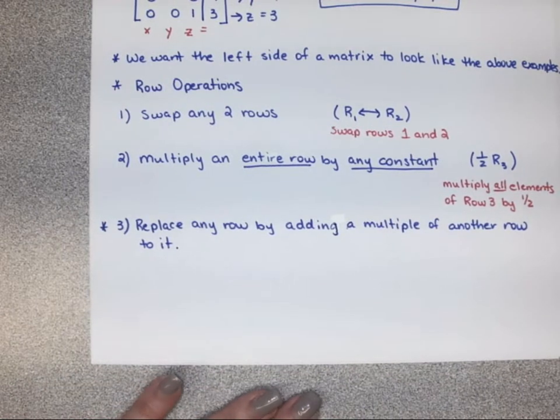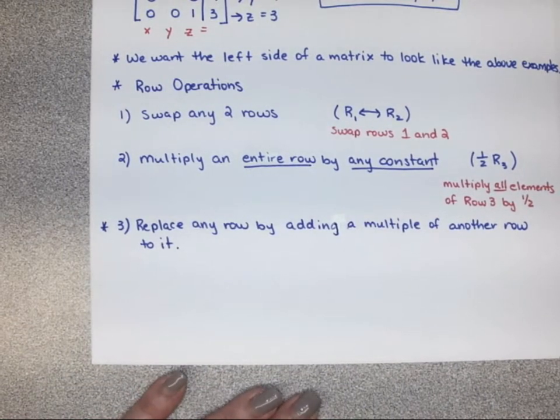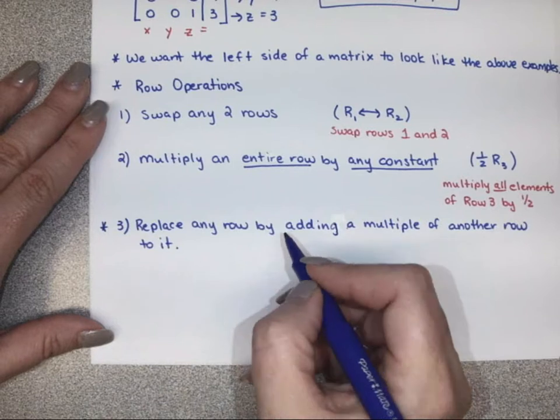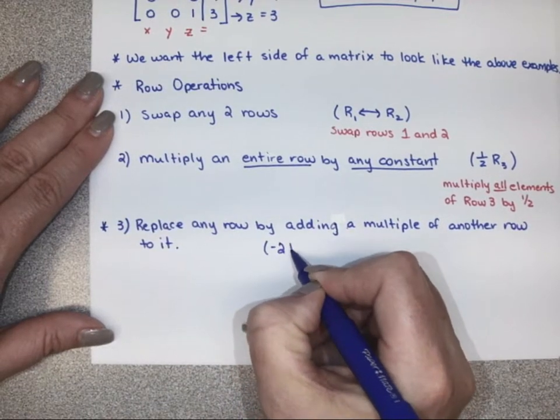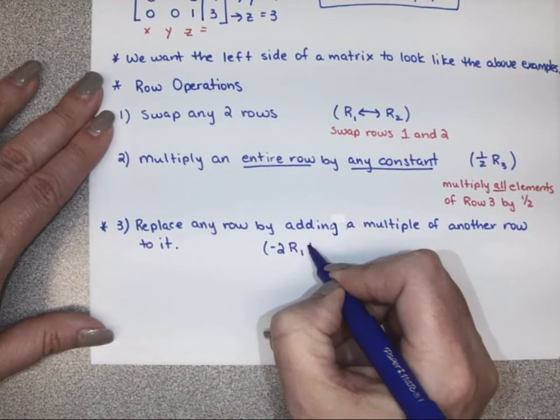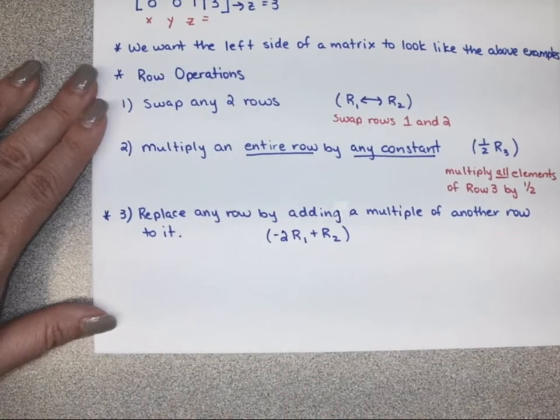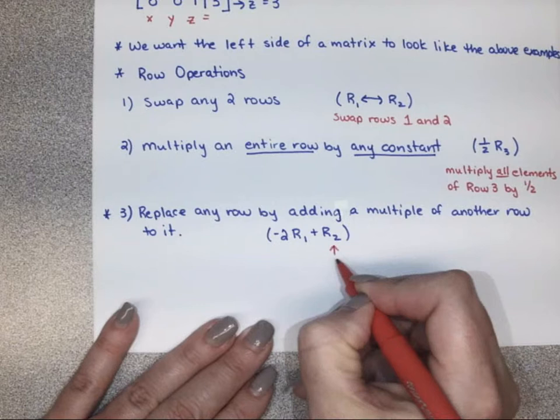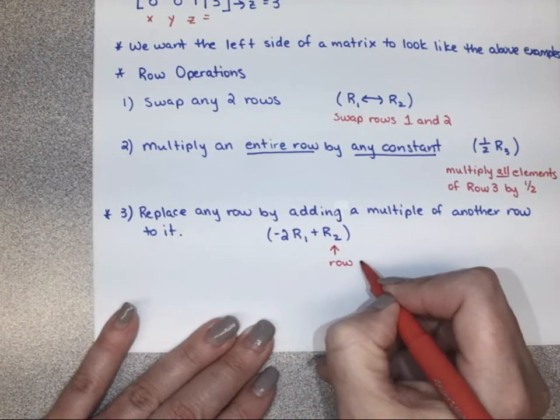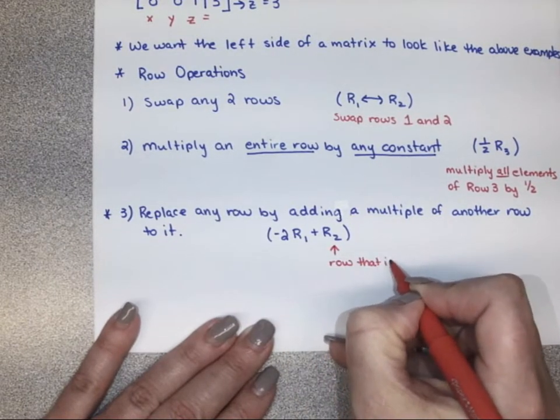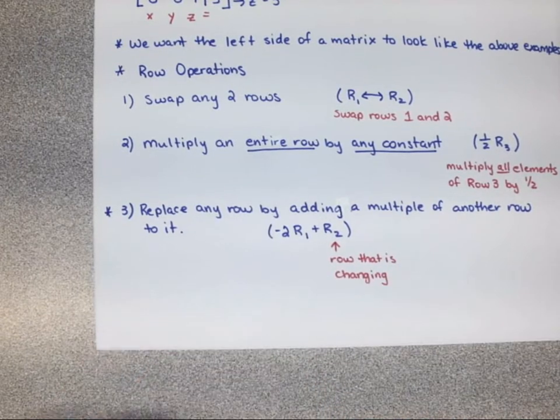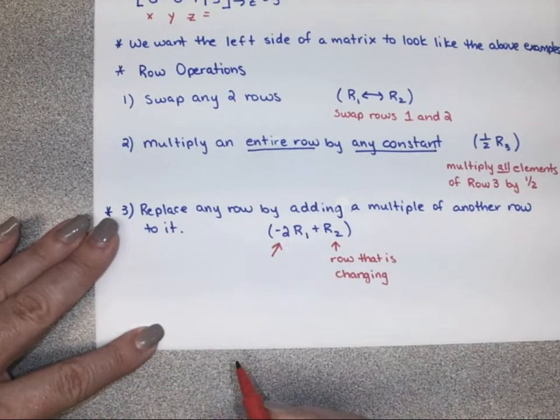Different textbooks and my lab show it a specific way, but if you learned this before in another class, it might have looked a little different because every textbook has its own way of showing this. So if you see this, -2 R1 plus R2, in this book, whatever's listed second is the row that's changing. And then this is telling you what to do to the row.